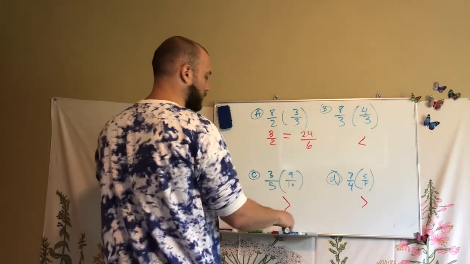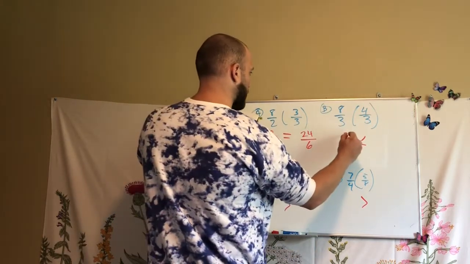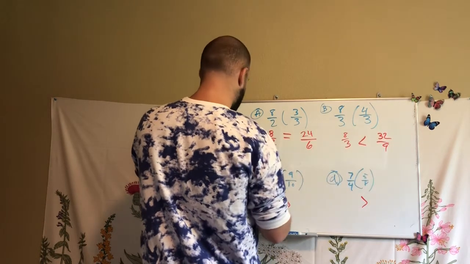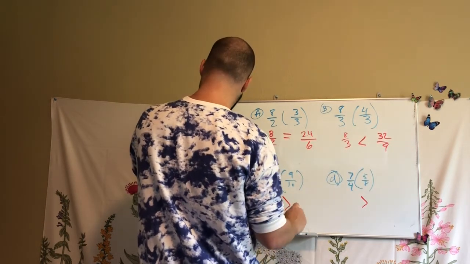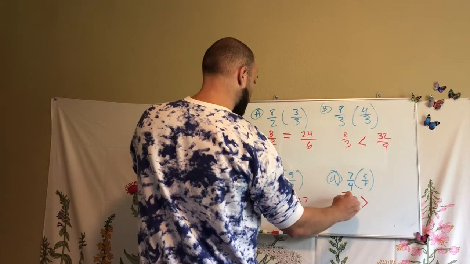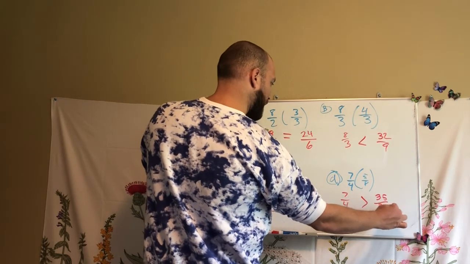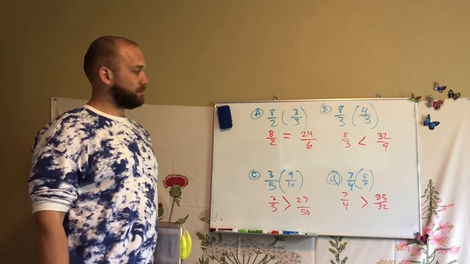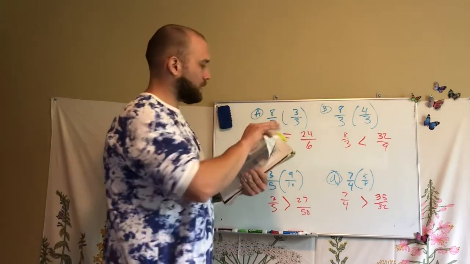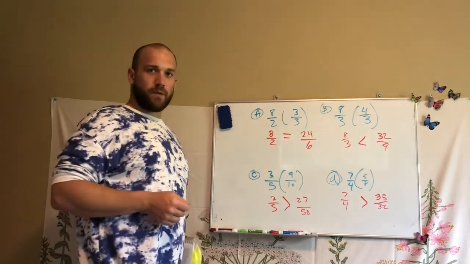Pause the video now to work the problems. Here are your answers. Just like so. All right. Please continue on to the next video for the remainder of this lesson.